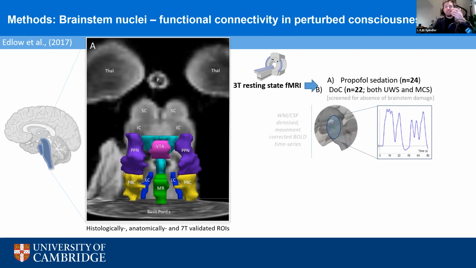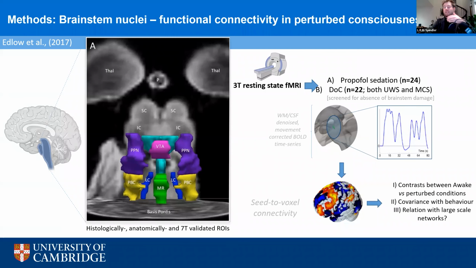And we extracted functional connectivity from unsmoothed volumes, given how small these brainstem areas are, and then performed seed connectivity in various contrasts. We wanted to see whether a potential impairment might be related to behavioral manifestation and whether it is also related to those large-scale network dysfunctions that are so prevalent in how we look at disorders of consciousness.